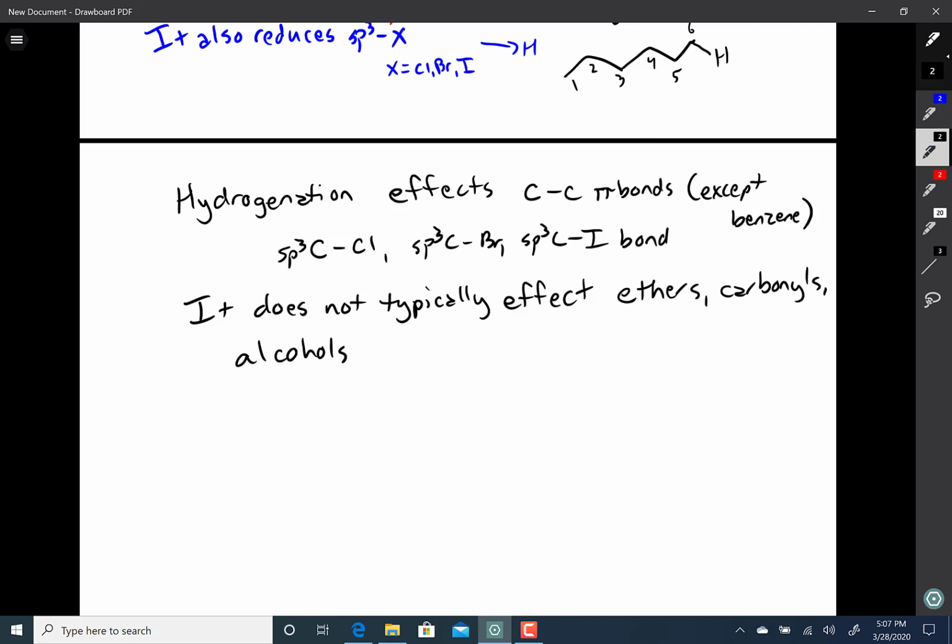For Chem 343, think of these groups as immune. Also, what's also immune to hydrogen and palladium? Benzene rings. Okay. So that's a warning.